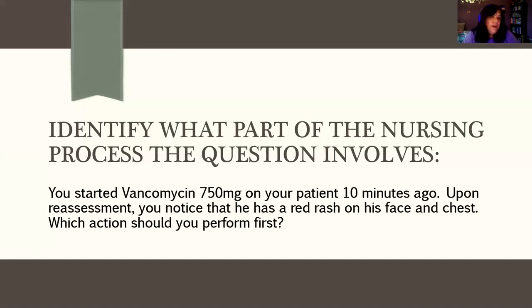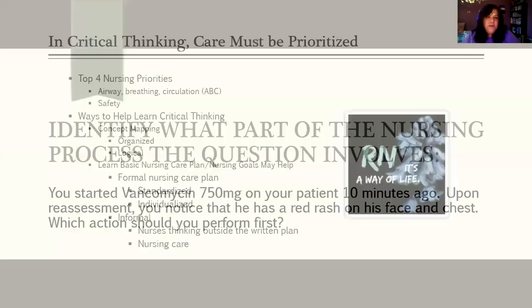That's what we learn about vancomycin, red man syndrome. That means that your patient's going to have a red rash on their face and their chest. So which action should I perform first? I know that I have to stop the IV. So do you see how we hopped around the nursing process, but each part has information in it? That's what I want you to do. Start breaking down these questions and look at the nursing process.